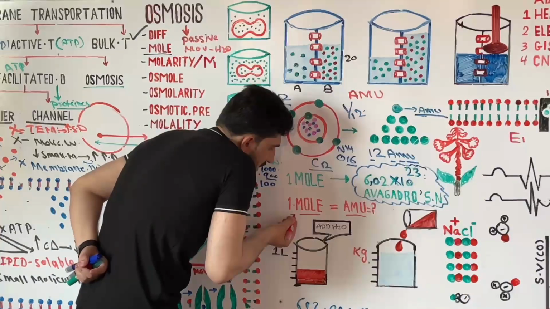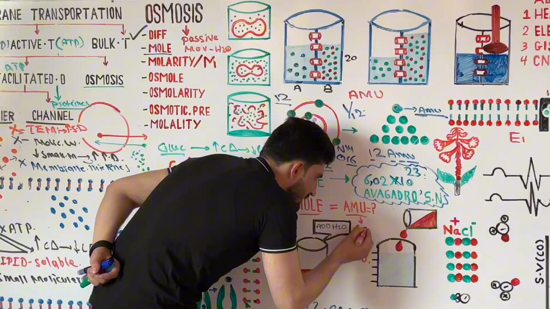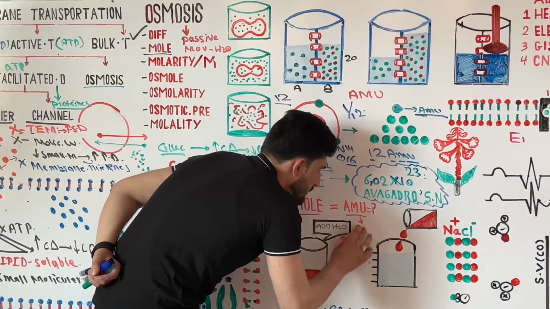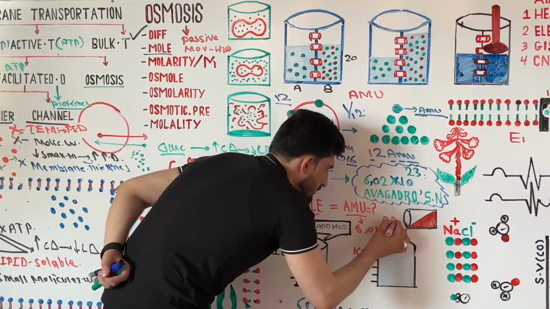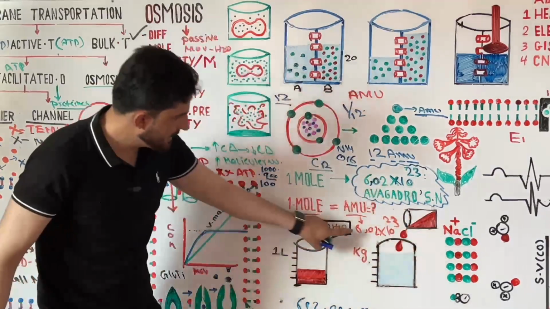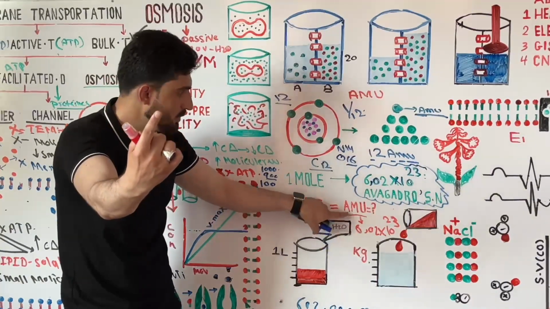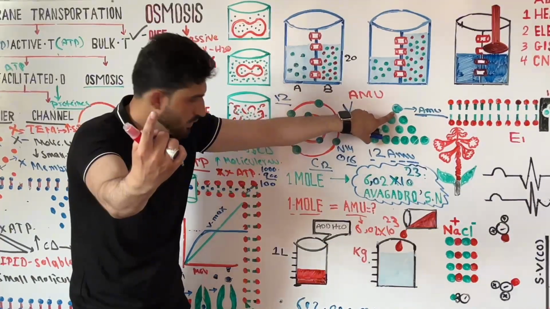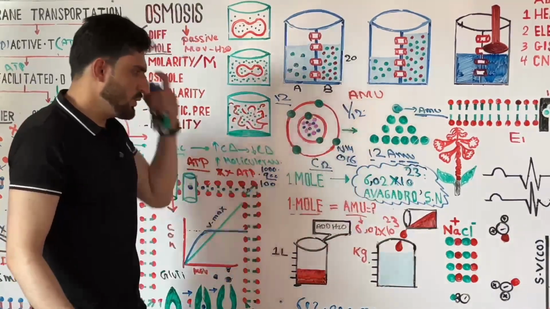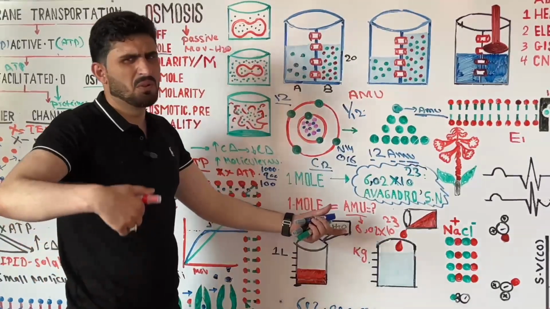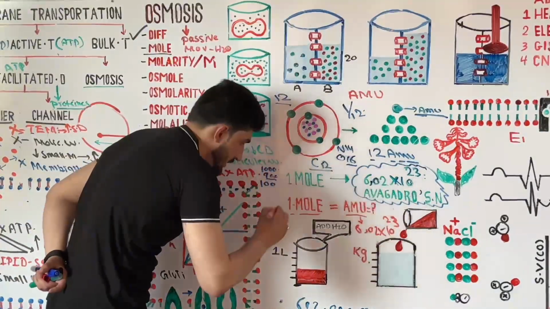For example, if I tell you give me 1 mole of AMU, you will give me 6.02 times 10 to the 23. You will give me this amount of AMU. If I tell you give me 1 mole of AMU or 1 mole of these species, you will give me this number of these species. Okay, so if I change it to molecular weight or to gram, it's equal. Listen carefully.